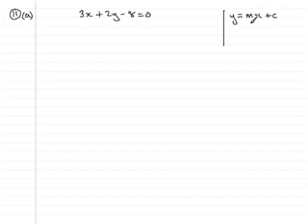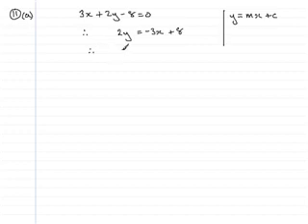Now in this question we're asked for the gradient, so if I rearrange this equation into the form y equals mx plus c, I should be able to just read off the gradient. So in order to do that, I need to first of all subtract 3x from both sides and also add 8 to both sides. So therefore I'm going to get 2y equals negative 3x then plus the 8.